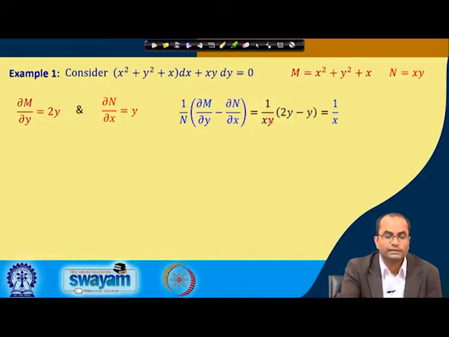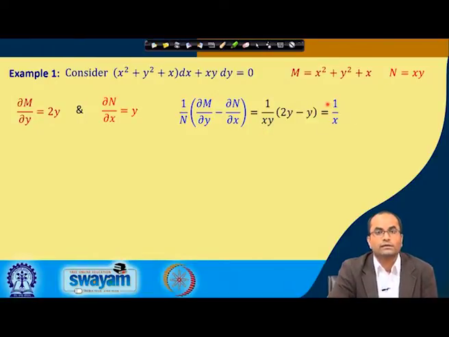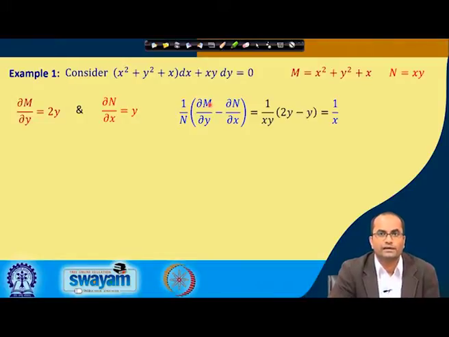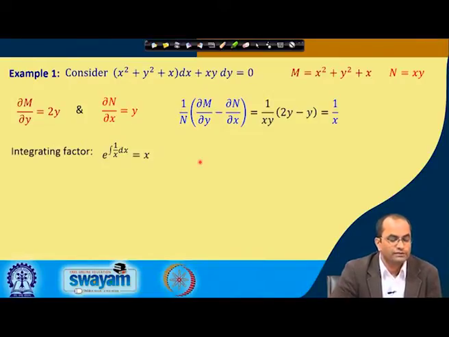So, this is y, and the y gets cancelled, and we have 1 over x. So, this here is a function of x alone, that is 1 over x, and that was one of the conditions we have just studied, that if this is a function of x alone, we can easily integrate it. So, the integrating factor is e to the power integral of 1 over x dx, which is ln x, and e to the power ln x will give us x only.